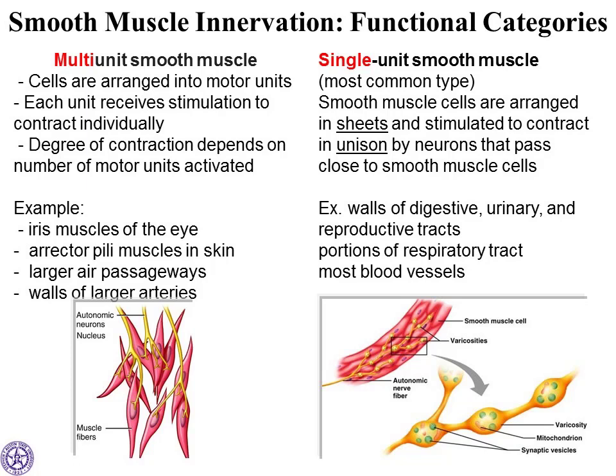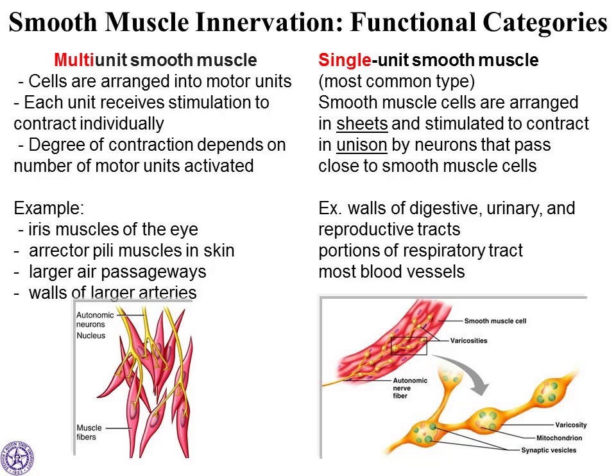And all along the length of the axon, we have these enlarged, swollen parts of our axon that are called varicosities. And it's in these varicosities where we can release neurotransmitter. So as this neuron runs through the muscle, it can stimulate the muscle to contract as it passes through.